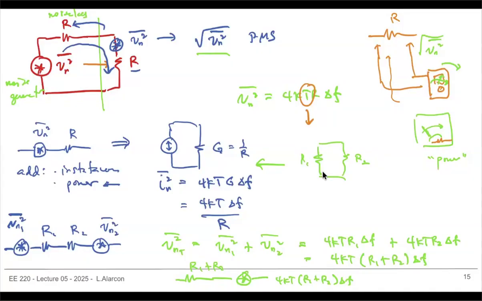So if you have a resistive circuit, I can simplify whatever resistor circuit and get the equivalent resistance.